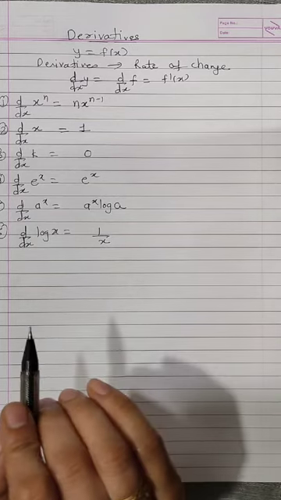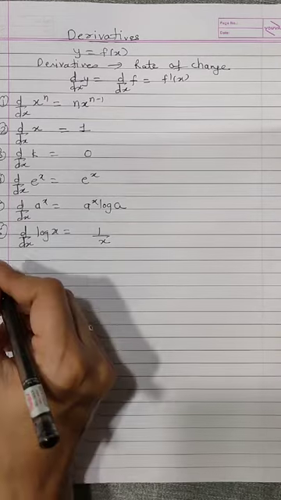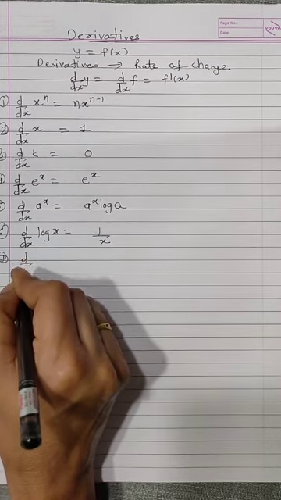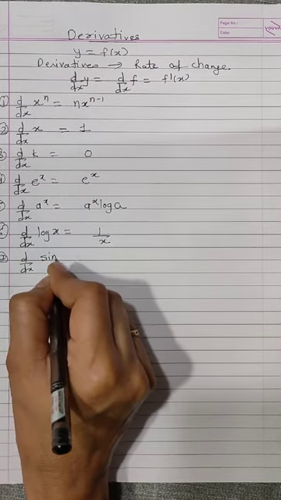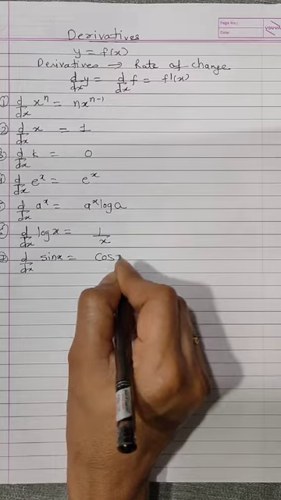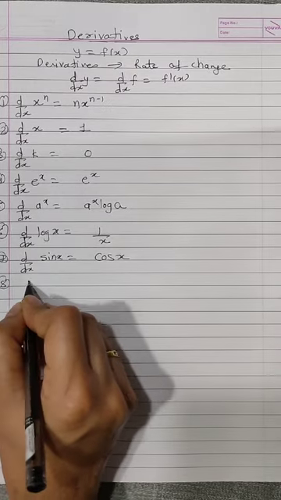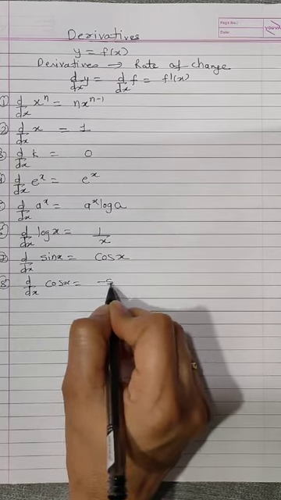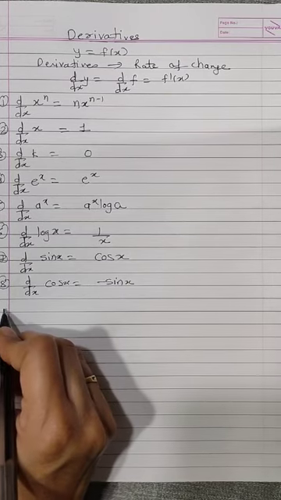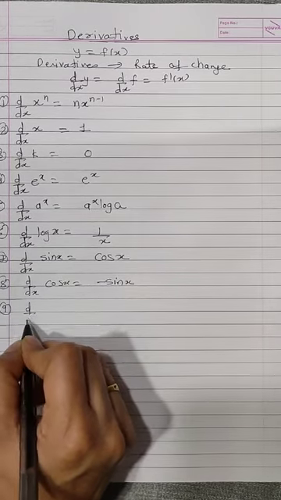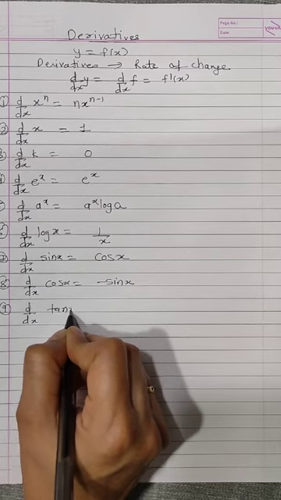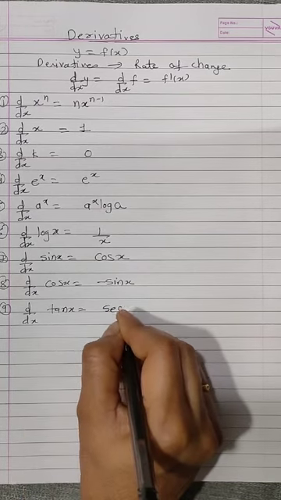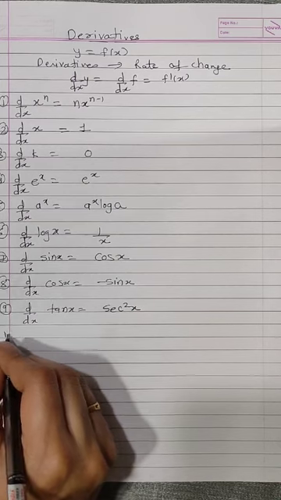Now next we take derivative of trigonometric functions. Derivative of sin x, all of you know, is cos x. Then derivative of cos x is minus sin x. Next, derivative of tan x is sec square x.